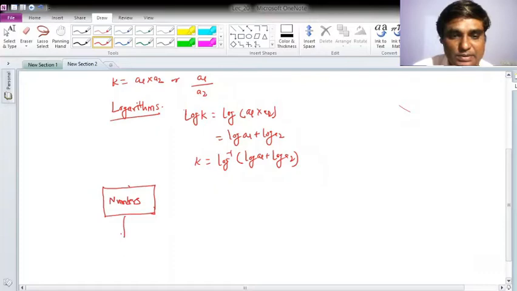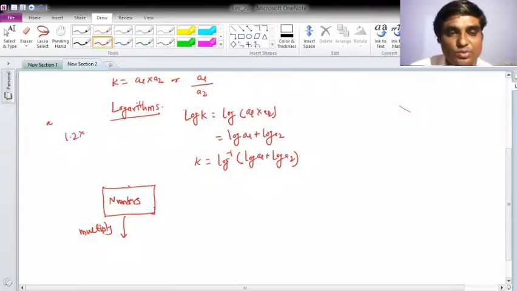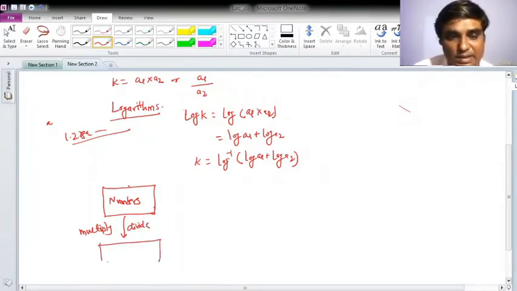Let's say the two numbers are highly floating point numbers, like the A1 we have seen, 1.2 and so on to higher decimal points, or I can divide them also if I would like to. So I will get the product, or I will get the quotient if I divide the two numbers.